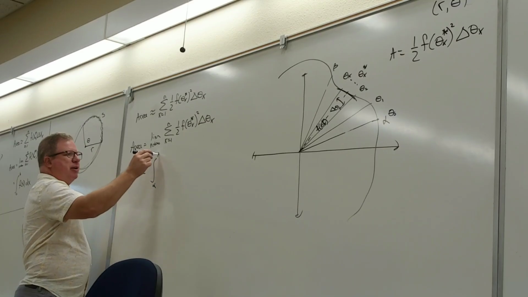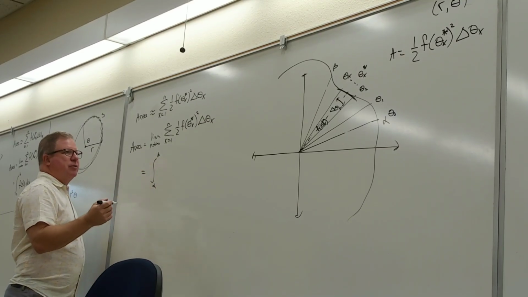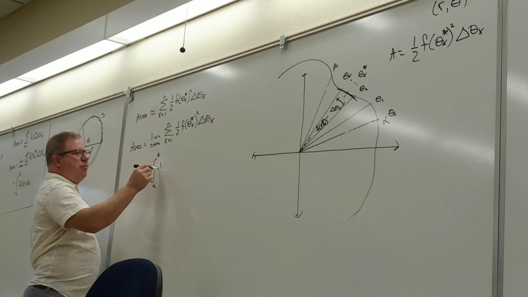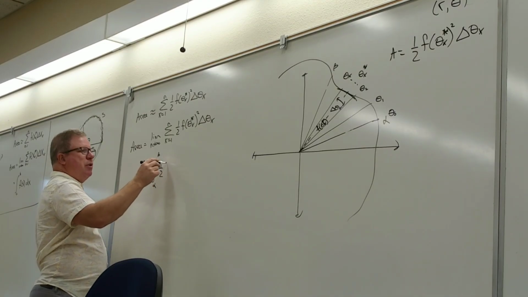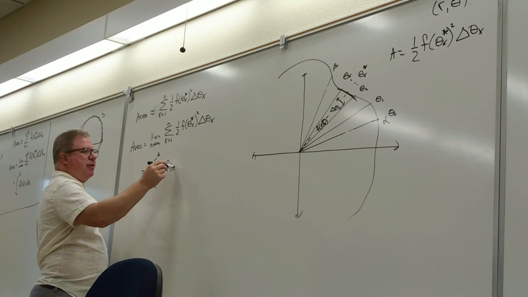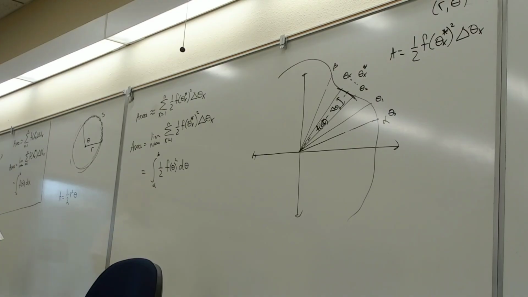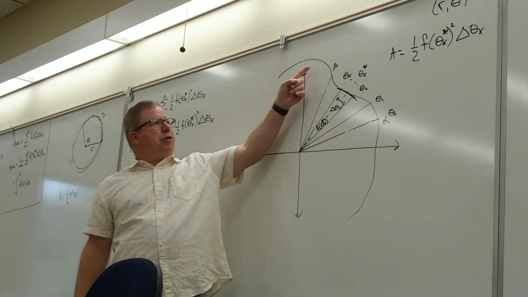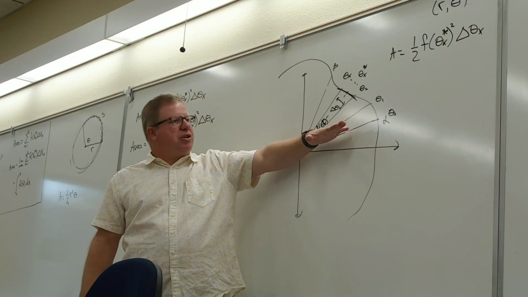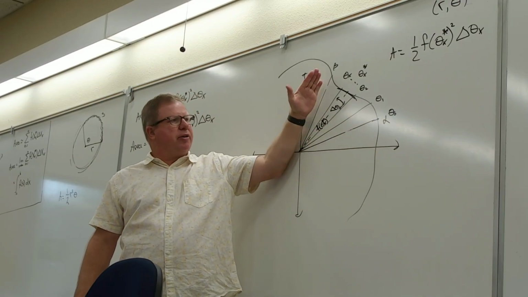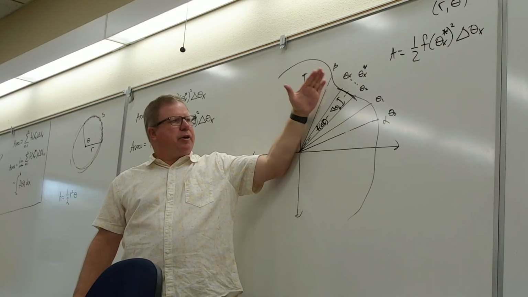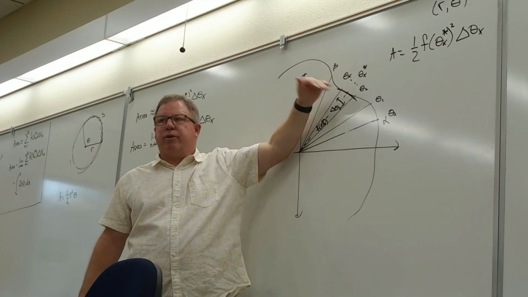And we're going to use alpha and beta, same thing as a and b, just trying to be consistent with the book, of 1/2 f of theta squared d theta. That is the integral that calculates the area under a polar curve between one angle and another angle. So it's this area that gets fanned out below that curve.